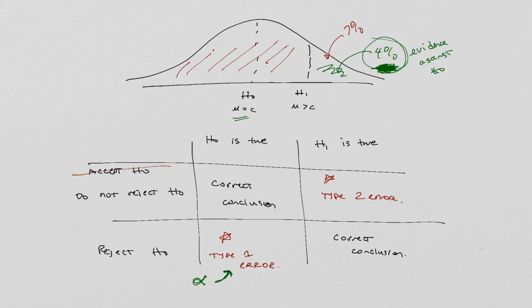So if I set alpha to be 5%, and I got 4% as my answer in our statistical analysis, then that's what would give me the boo-boo here. In other words, if their claim is true but I rejected it, that's a bad thing. So when we talk about level of significance, we're really talking about the probability of a type 1 error.